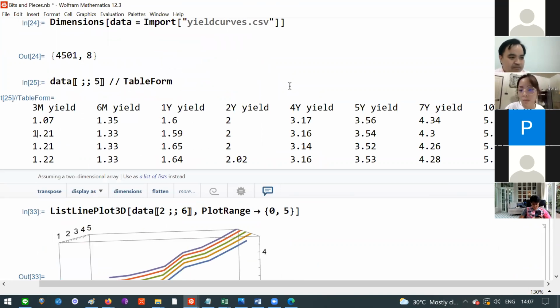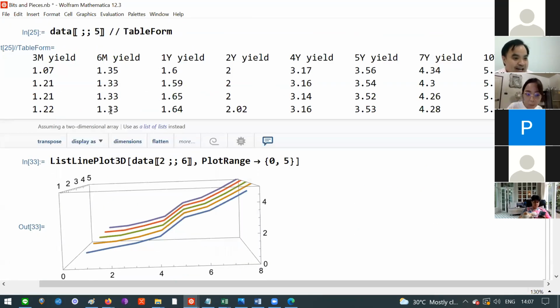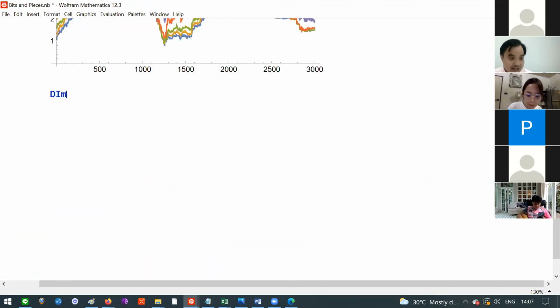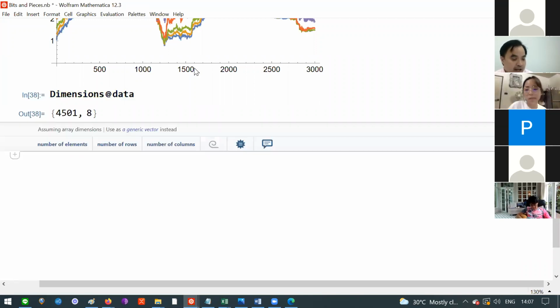It has 12 years worth of movement, 15 years worth of movement, of 1, 2, 3, 4, 5, 6, 7, 8 variables. Okay, so you have 8 variables, you have 4,500 days worth.